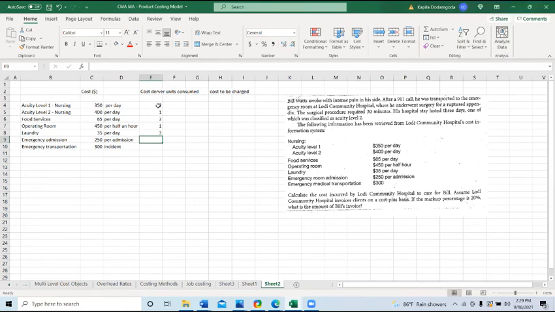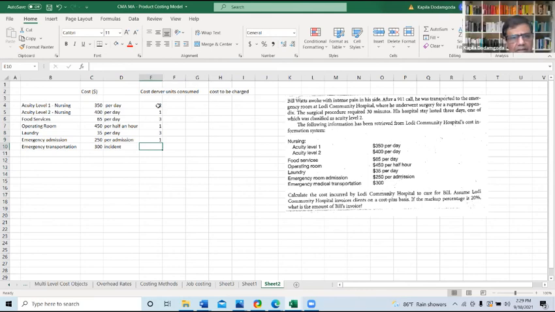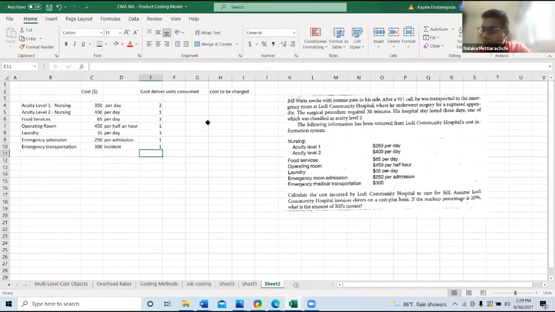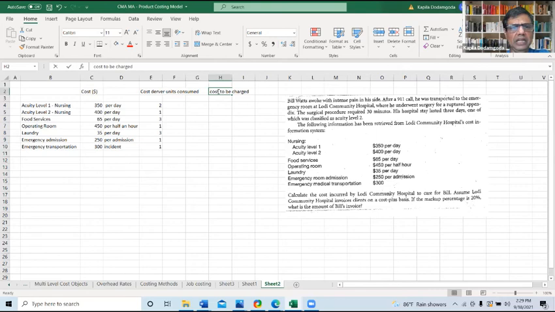He has been admitted as an emergency admission. And emergency transportation? 1. So this is what has been absorbed, right? And then you can calculate the cost to be charged.